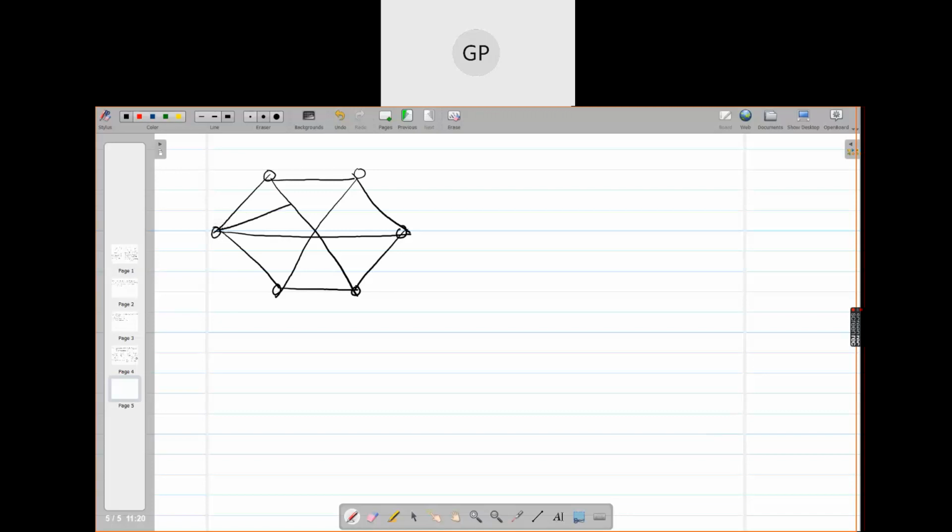So I have to join these, then I have to join these, right? I have to join these. So the degree is 4 here yet. I have to join this, I have to join this. So the degree has become 5. This is K6. Do you see it is K6?